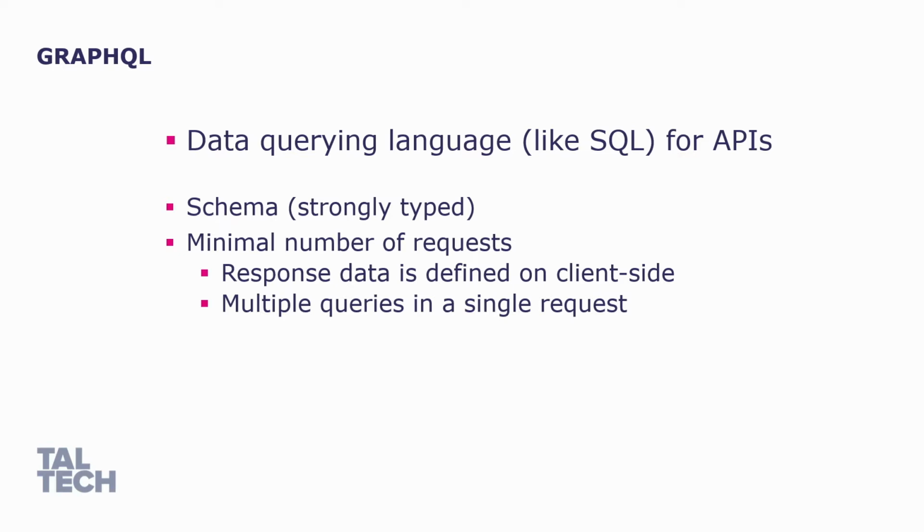It helps to minimize the number of requests needed to get the data from the service, by letting users define the fields in the response, and it also allows requesting multiple resources at once.